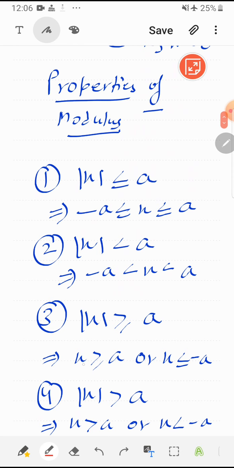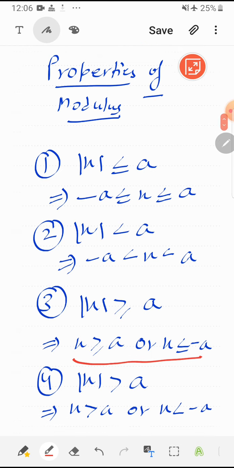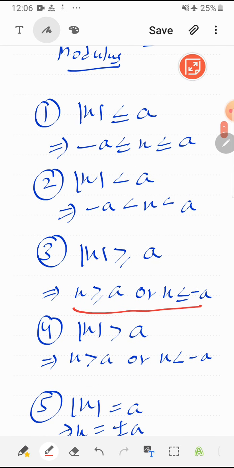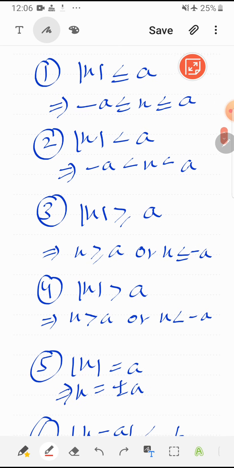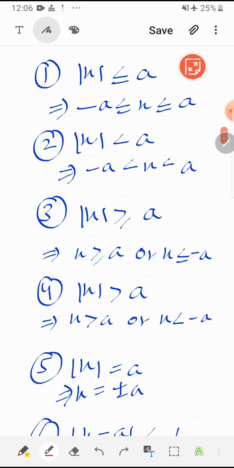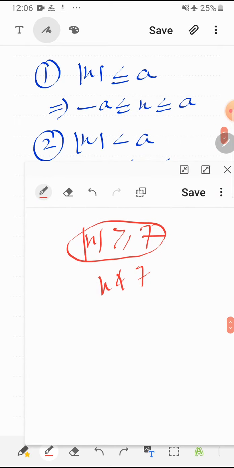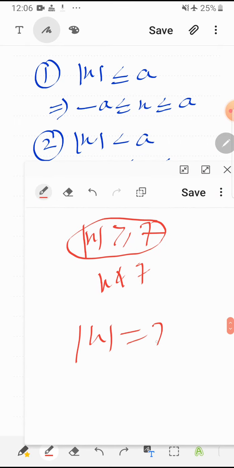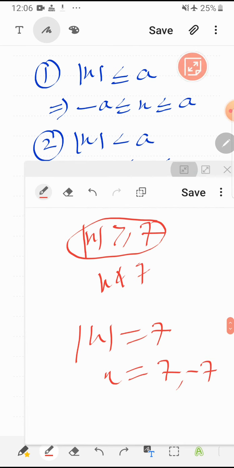So like this we have written here mod x greater than or equal to a, that means either x is greater than or equal to a or x less than or equal to minus a. Next, when mod x is greater than a, again we will remove the equality from the above and put only inequality. Now mod x is equal to a. It's very simple to understand. When I say mod x is equal to 7, obviously x can be 7 as well as minus 7, because both numbers have modulus 7.